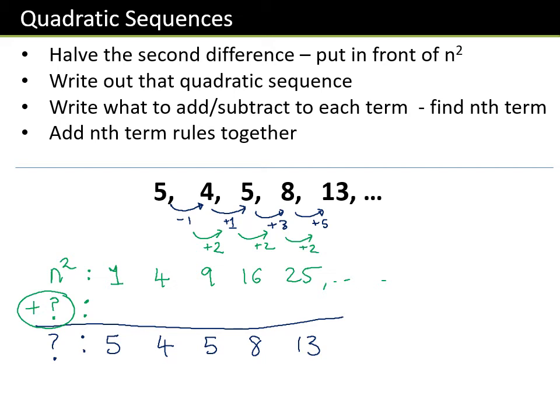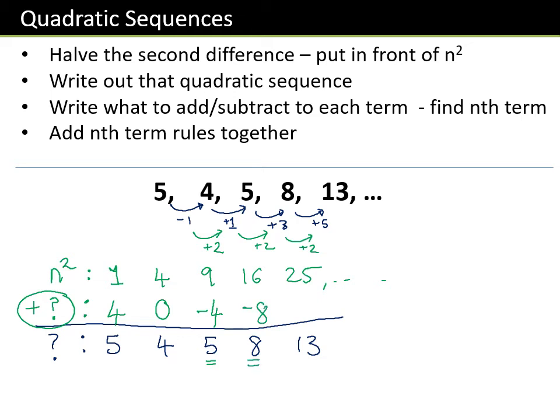So here I'm going to do 1 plus 4 would give me 5. 4 plus 0 would give me 4. 9 plus minus 4 to give me this term. 16 plus minus 8 gives me that.